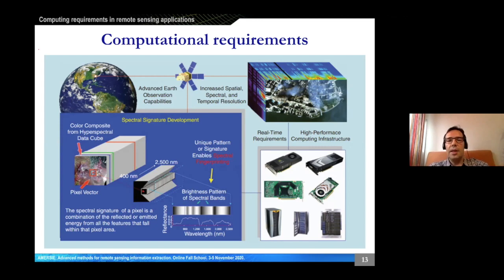So in the end, the data were not as useful as it could be expected, because there was no high performance computing infrastructure available at the moment to process the data in real time. What can we do today in order to address this situation?